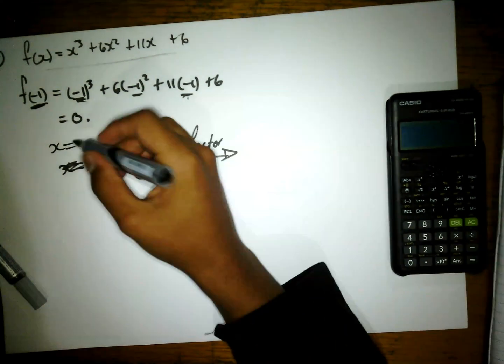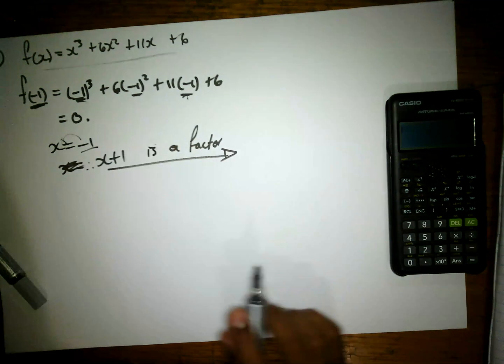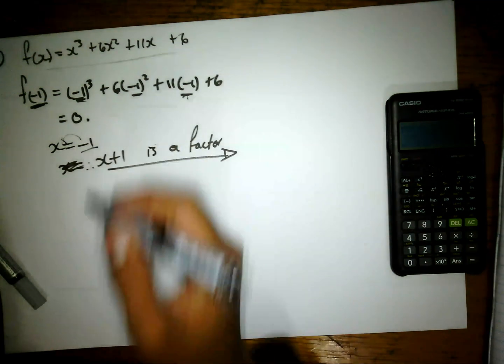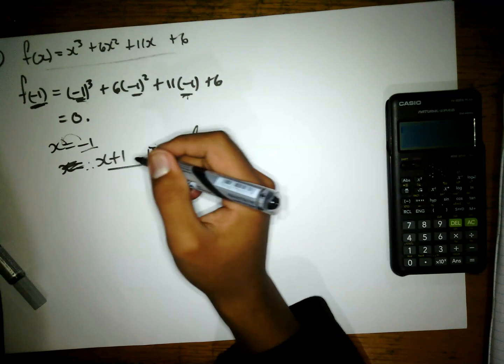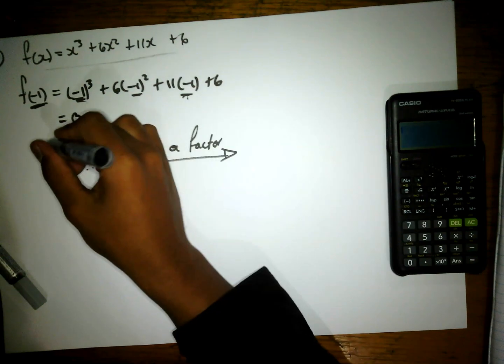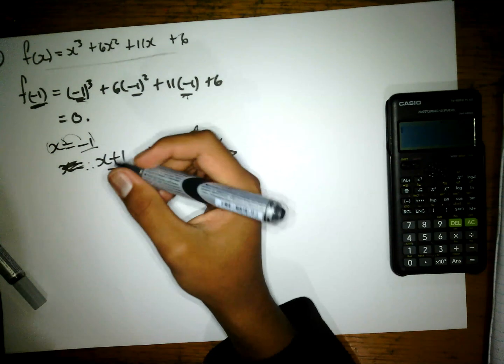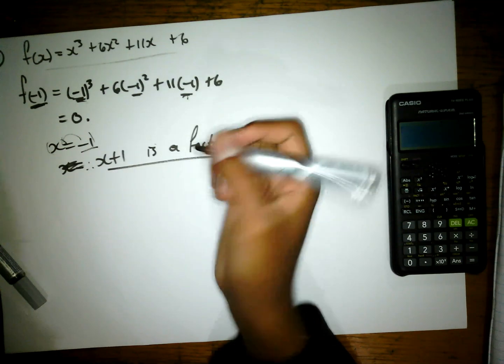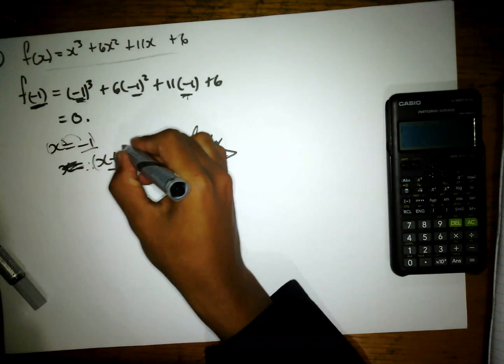When you take this negative to that side, you get positive 1, right? And why we do that in maths is because you can say x equals minus 1 as a factor, but it's not nice to say all that. You just want to say x plus 1 is a factor. This is just a nicer way of writing it.